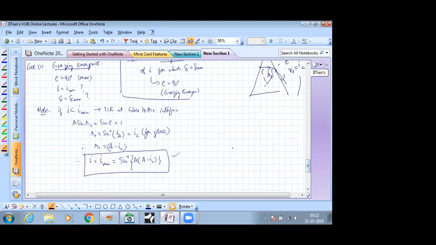Okay. So for example, in that question that we had, where the angle of the prism was 60 degrees and mu was equal to 1.5, our critical angle will come out to be sine inverse 2 by 3. So I'm just telling you how much it is: sine inverse of 0.67, so that is about 42 degrees approximately. Okay.